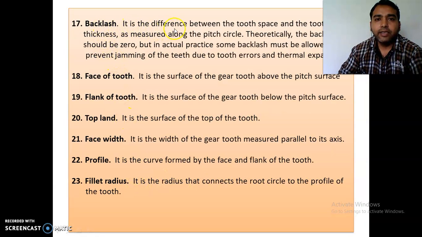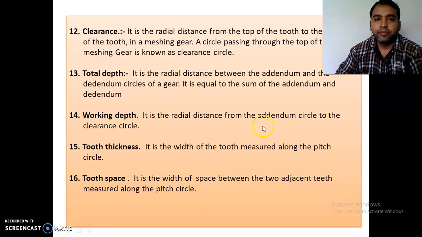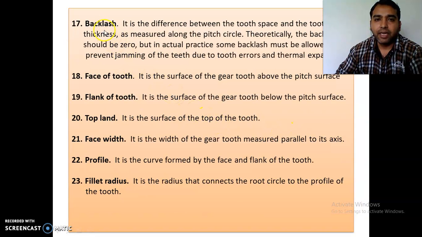Now, backlash. It is the difference between the tooth space and the tooth thickness as measured along the pitch circle. That means here the width of space, that is tooth space, and tooth thickness of the opposite gear, which are meshed with each other, that difference is called as backlash.